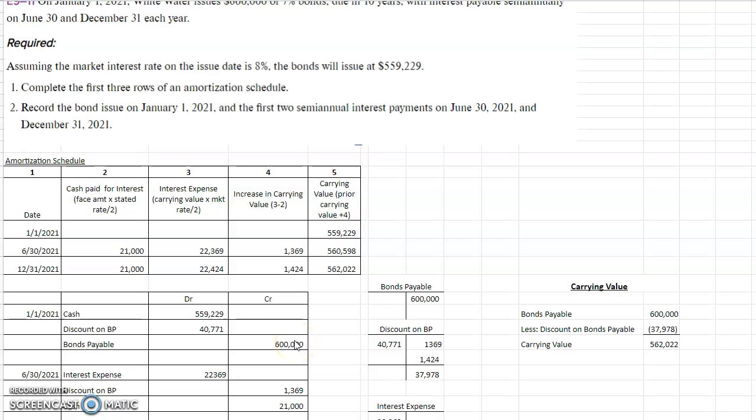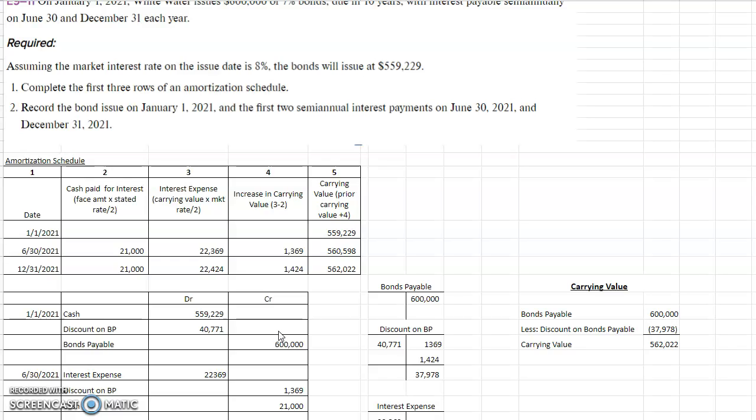The difference between the bond face value and what they are issued for is a discount. If the interest rates were opposite, if the bond was paying a higher rate than the going rate, then the bond would be issued at a premium because the investor would be willing to pay more for the investment because they're getting a higher interest rate. All right, so that's the first entry.